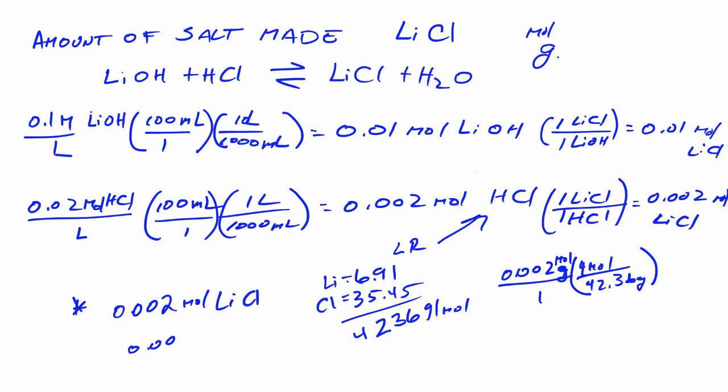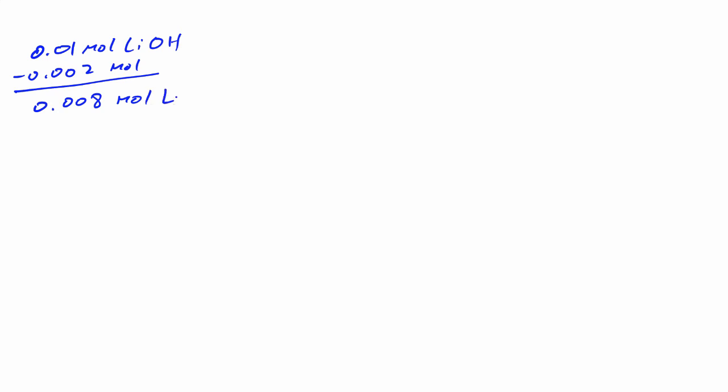Well, we've got to figure out how many moles of LiOH are left. So we've got 0.01 moles of LiOH, and 0.002 of it reacts with HCl and goes away. So we've got 0.008 moles of lithium hydroxide left.